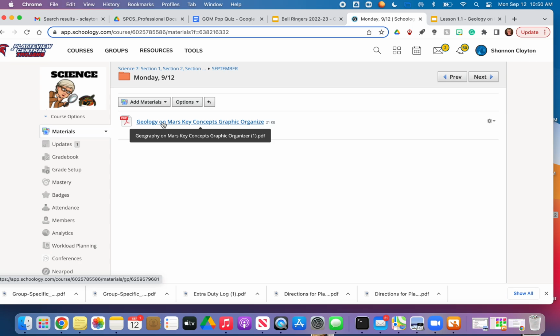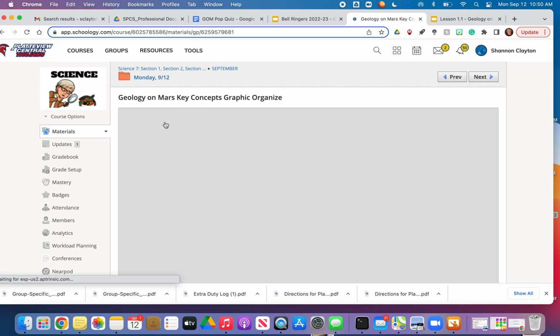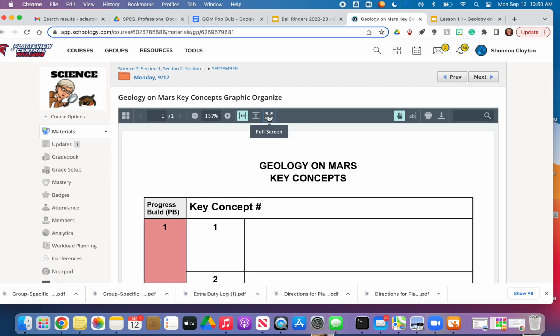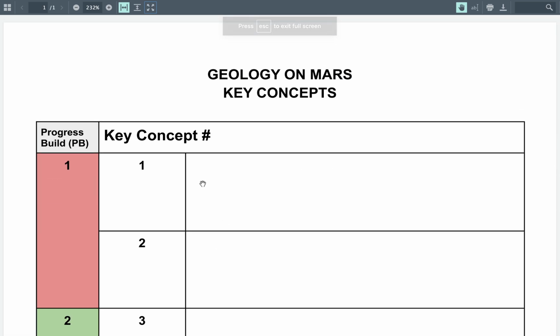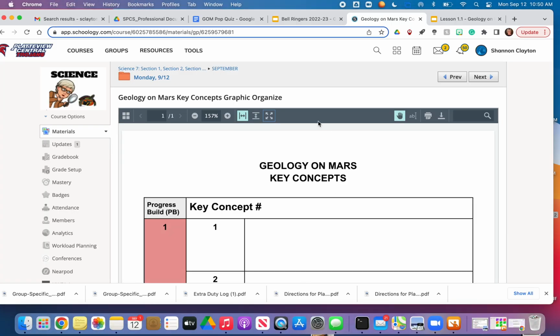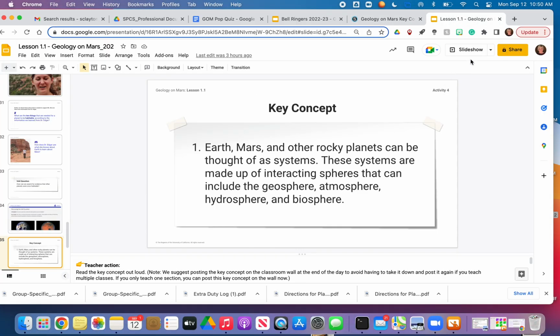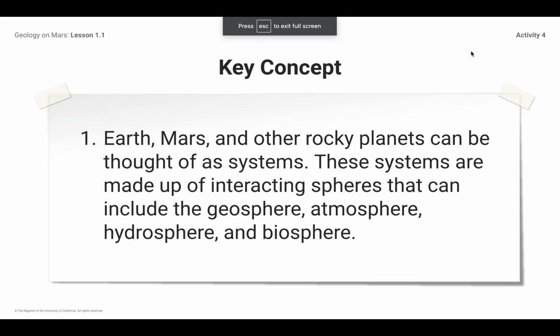And you're going to see we've got Geology on Mars Key Concept Graphic Organizer. If you don't have it, this is what it looks like. Then you're going to write that key concept right here for key concept number 1. Write that word for word in there. I'm going to bring it back so you can see it. Okay. Go ahead and pause this video, get that written down, and then that's it for you.